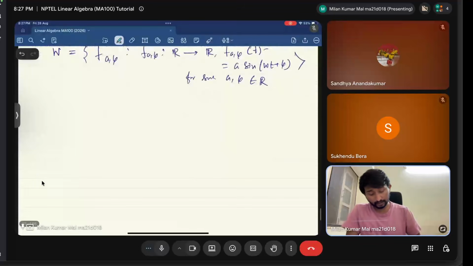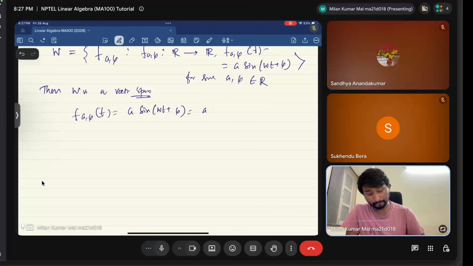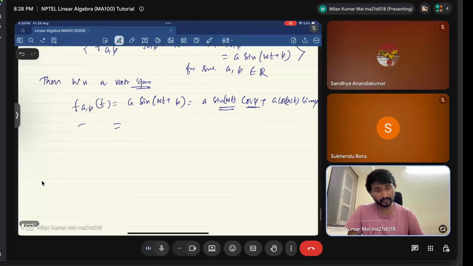Let me quickly go through it. W is a vector space. Why is this? Because if we write f of a phi at the point t, w is fixed, that is a sin(wt plus phi), which equals a sin wt cos phi plus a cos wt sin phi. Here t is the variable, and phi is fixed corresponding to a fixed function.